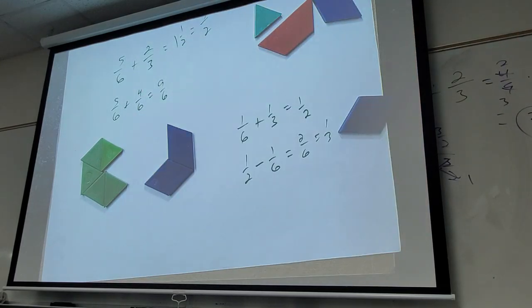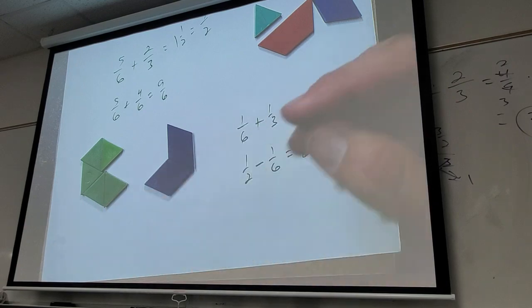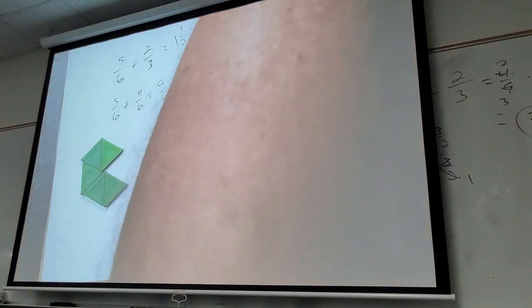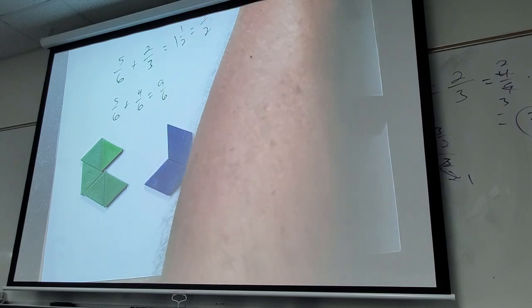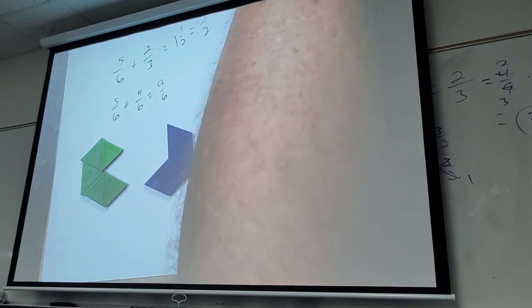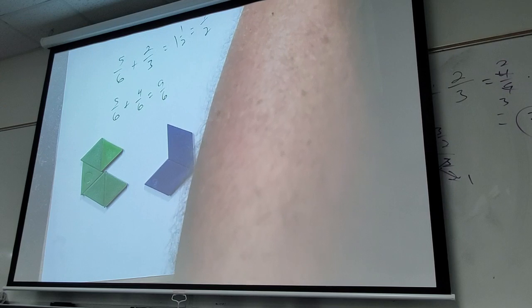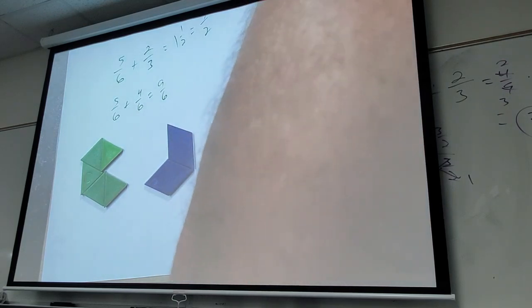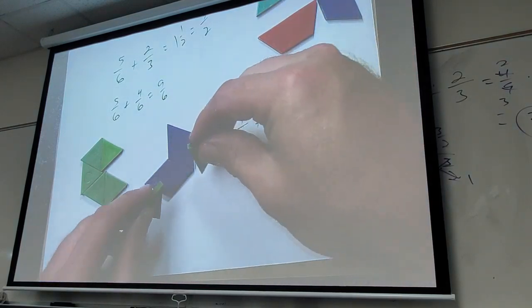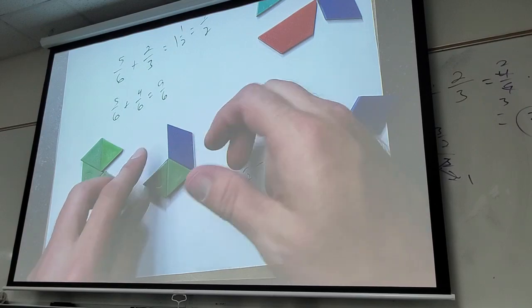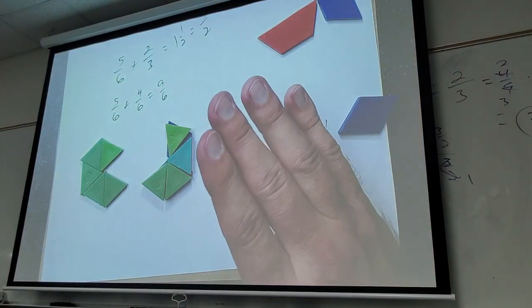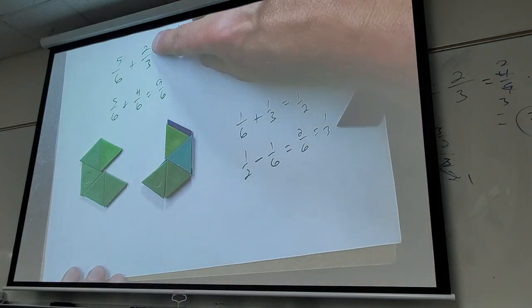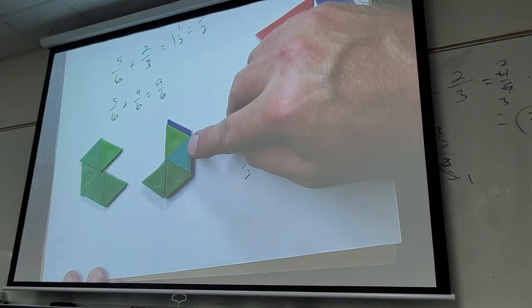I would need four whats? 4 greens. And that would just mean I would take each blue and break it up into greens. So then I've got 4/6, right? So you can actually show the math along with the visual.